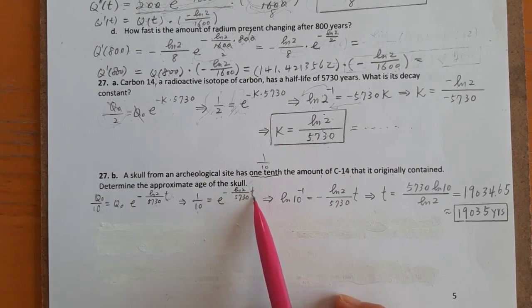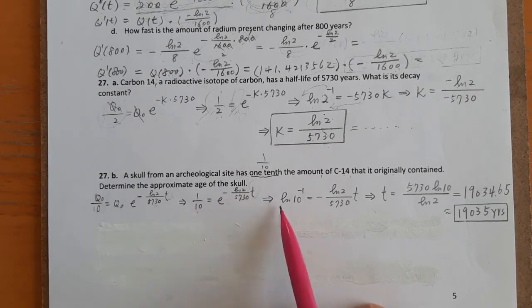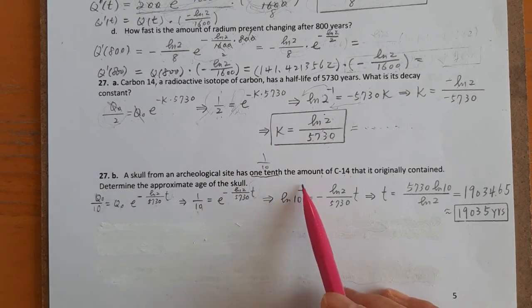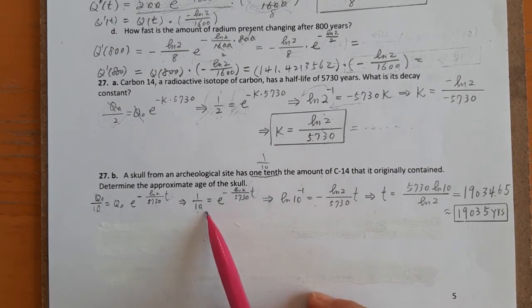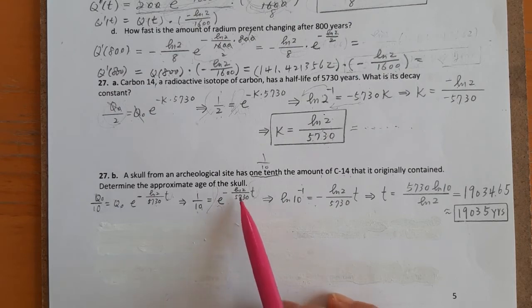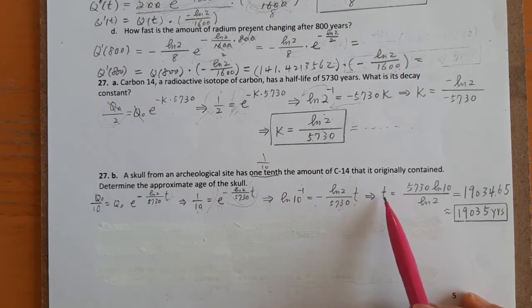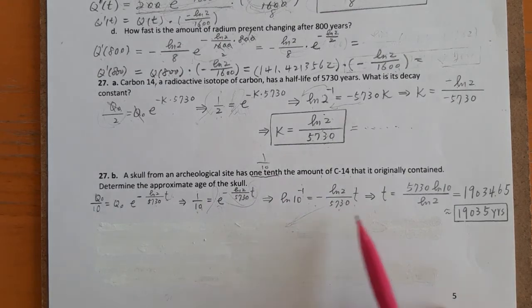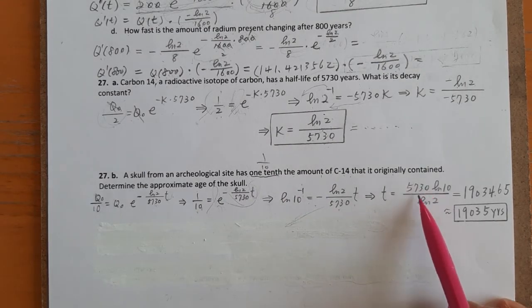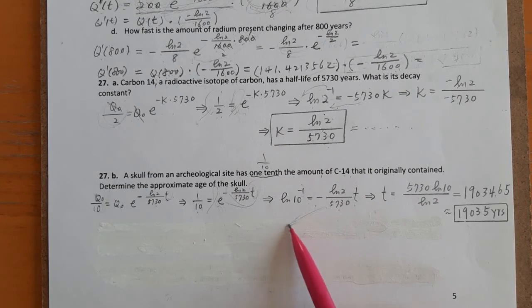Solve for t, so take ln of both sides. ln of 1 over 10, which is 10 to the power negative 1, equals this; the ln cancels the e and we get negative ln2 over 5730 times t. Then divide this done.